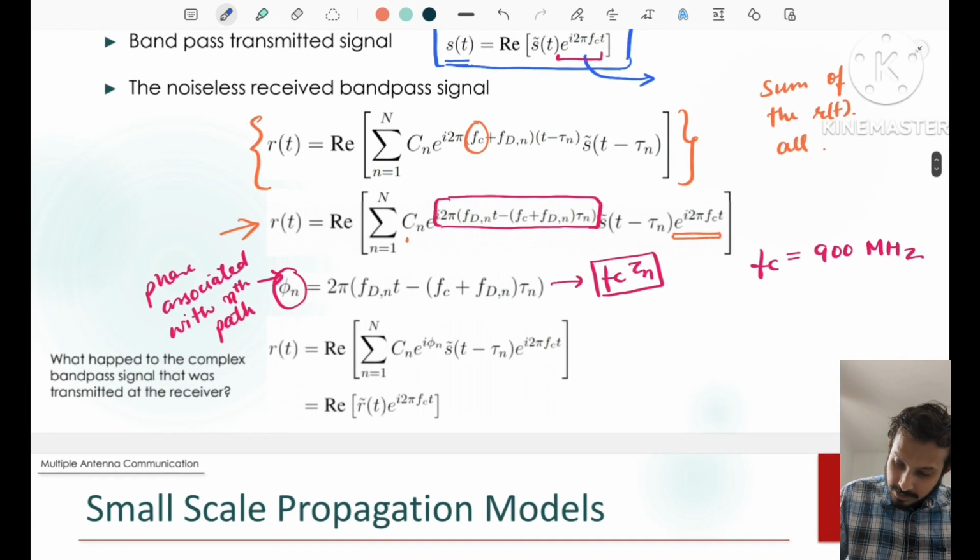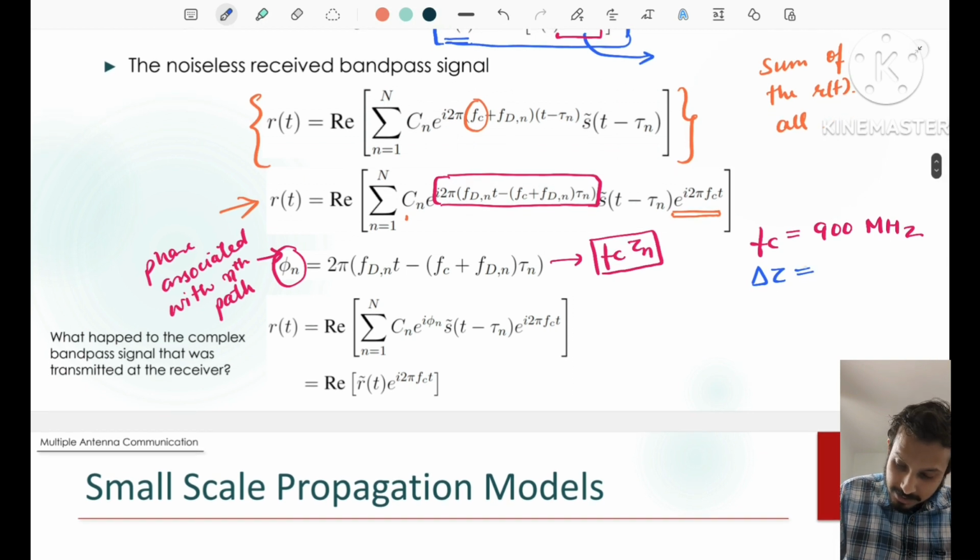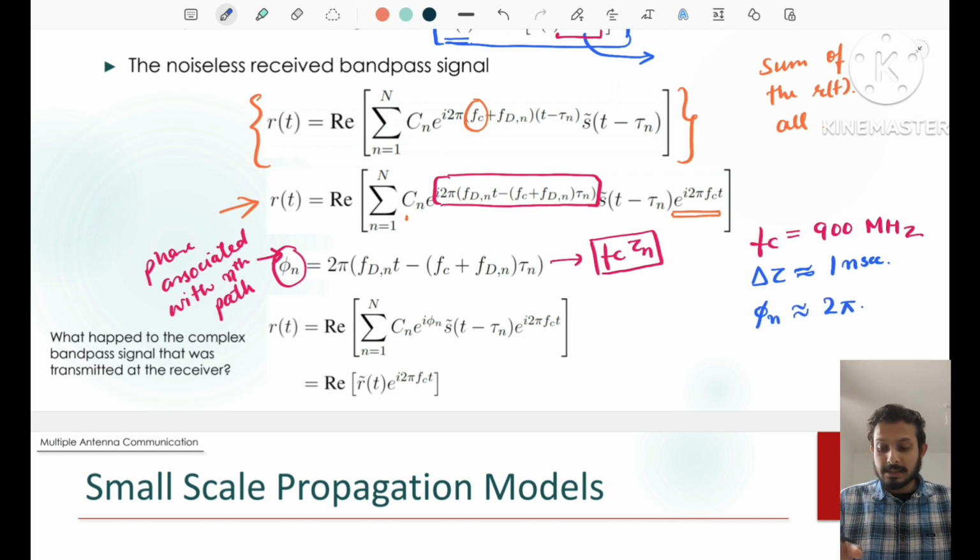So let's say the difference in path length is approximately equal to 1 nanosecond, and if we calculate this phi n, phi n is approximately equal to 2 pi. That means the signal has undergone a full rotation.